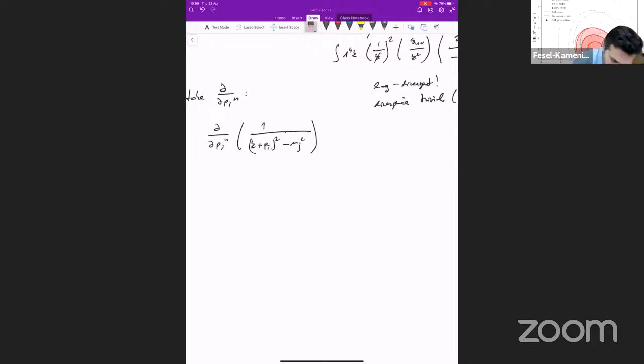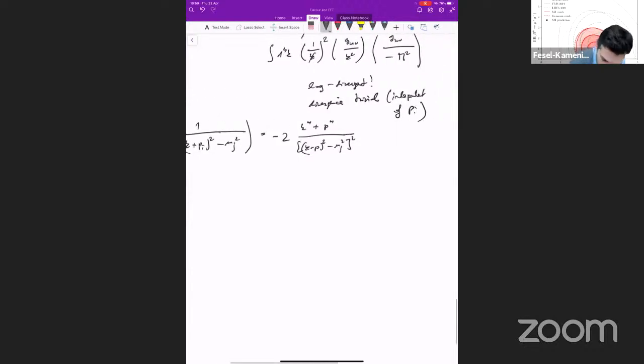There might also be dependence, of course, on the loop momentum k, but we are not differentiating with respect to loop momentum, but with respect to external momentum. So we've kept the dependence on the external masses and external momenta, and when we do that, we obtain exactly this: (k plus p)^mu over (k plus p) squared minus m_j squared, squared.